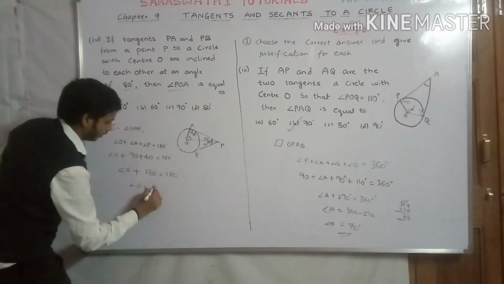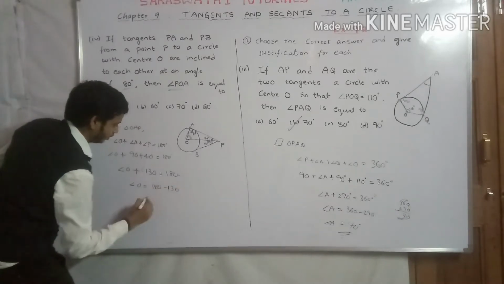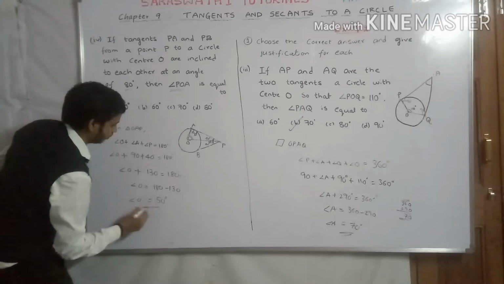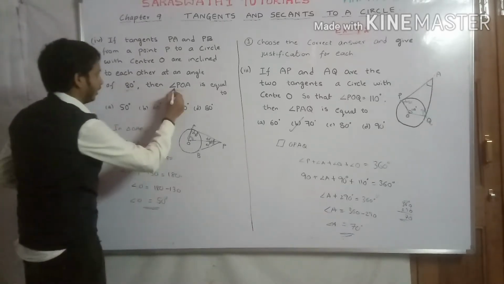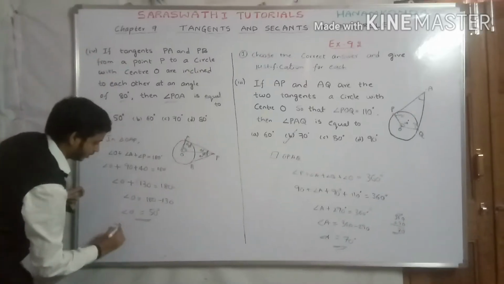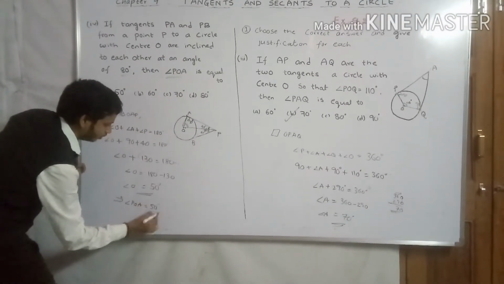Angle O is 180 minus 130, which is 50 degrees. Angle O is nothing but angle POA, so angle POA equals 50 degrees.